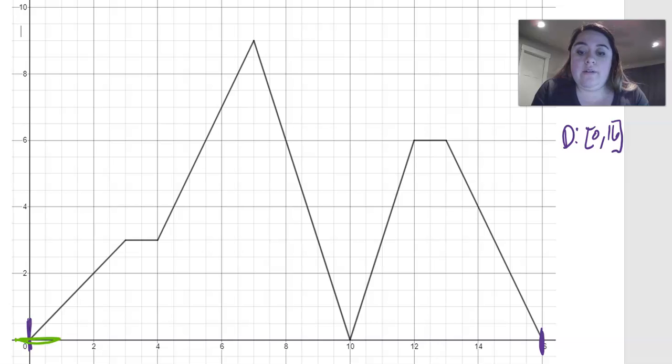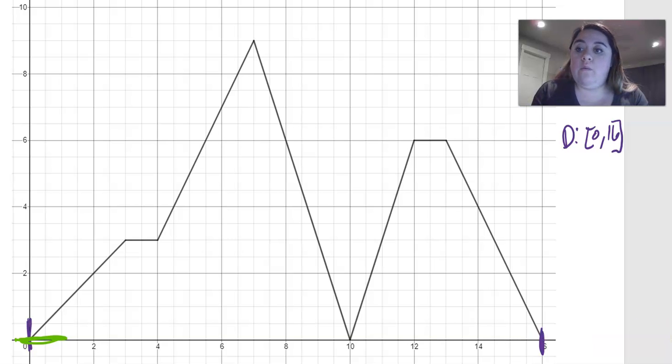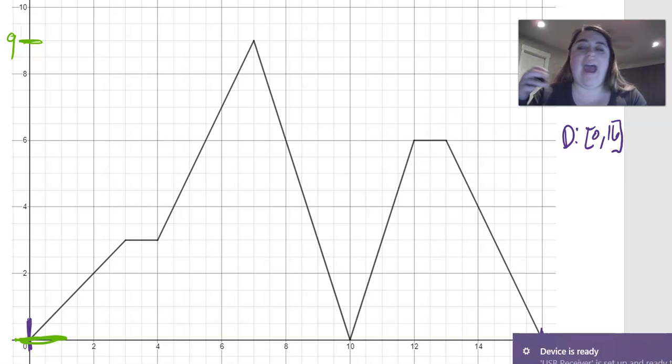Our lowest y value is at 0, which means my highest y value must be whatever that one is. That lies right in here. It's between 8 and 10, perfectly in between, so I'm going to assume it's 9, because it's going up by halves. Not 1, but halves.